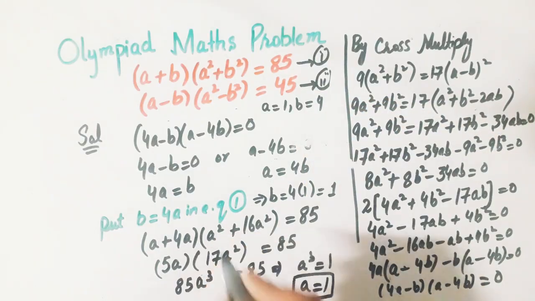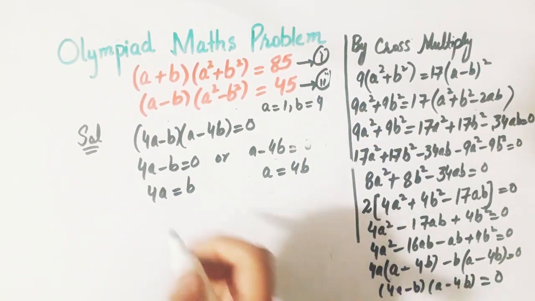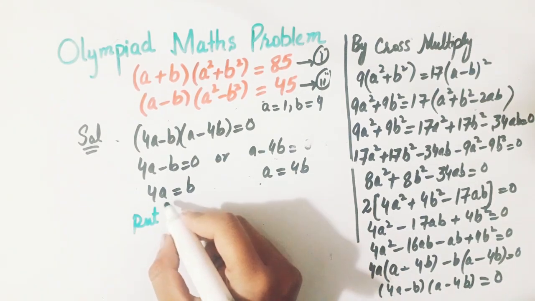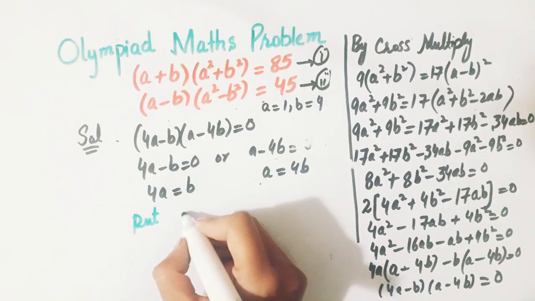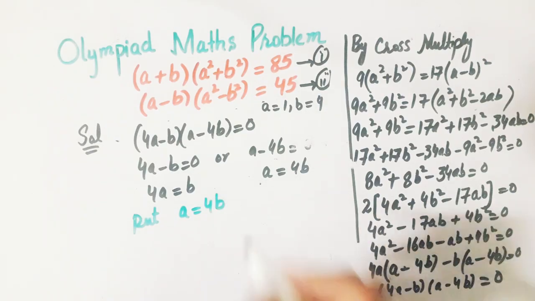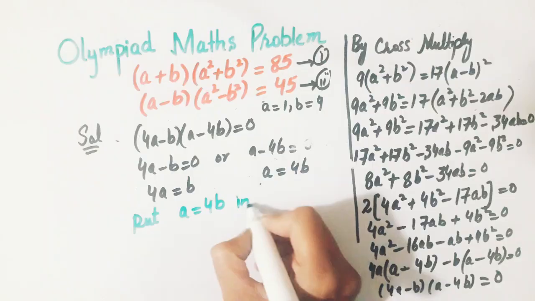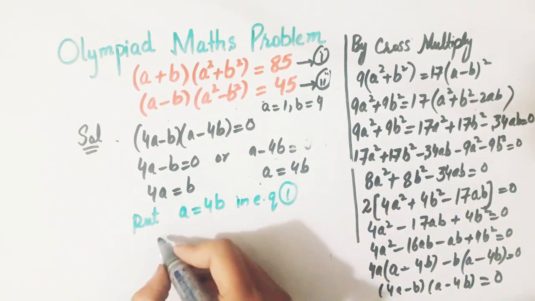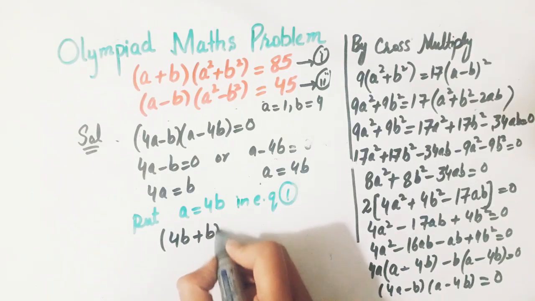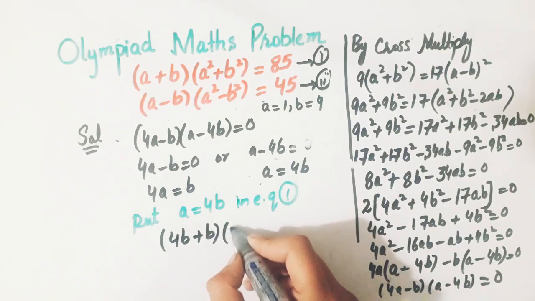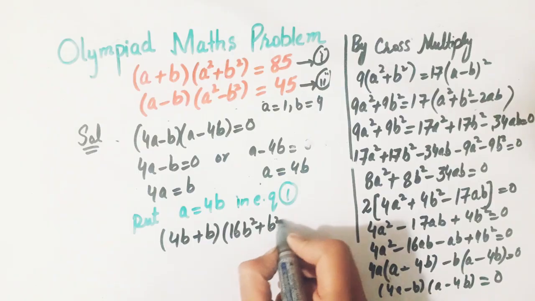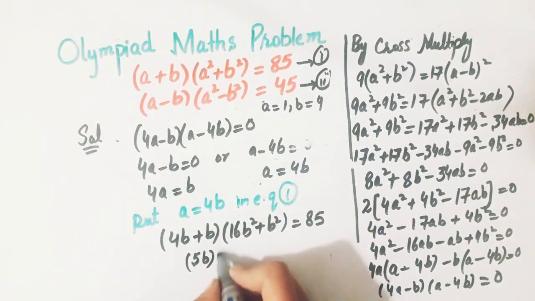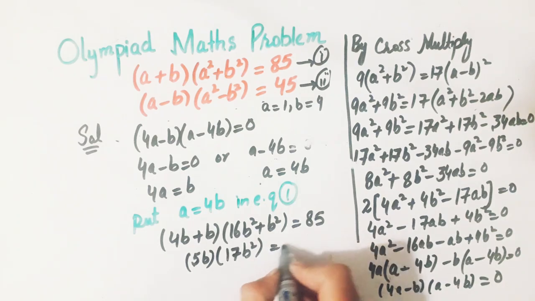Now again we will solve this. Put a equals 4b in equation 1. That gives 4b plus b, and a square means 16b square, plus b square equals 85. 4b plus b is 5b and 17b square equals 85.